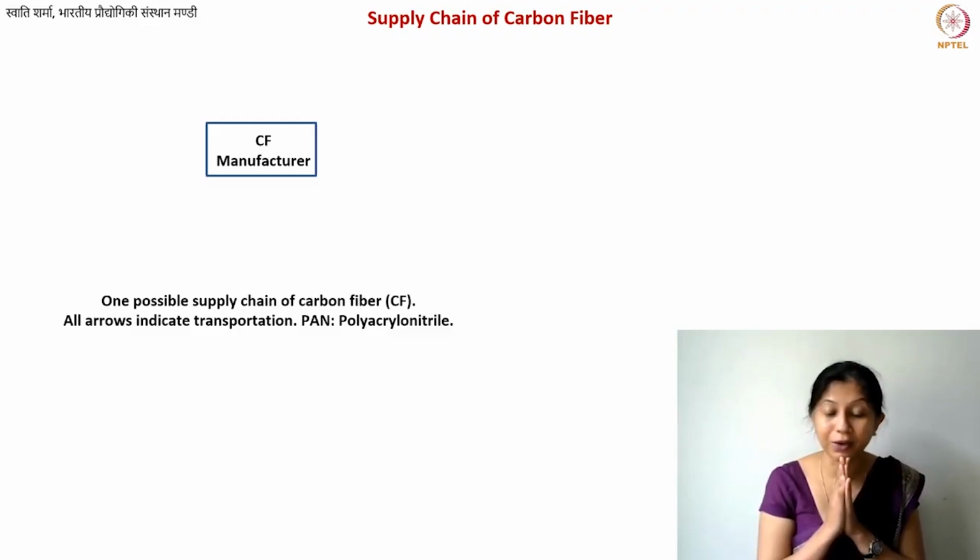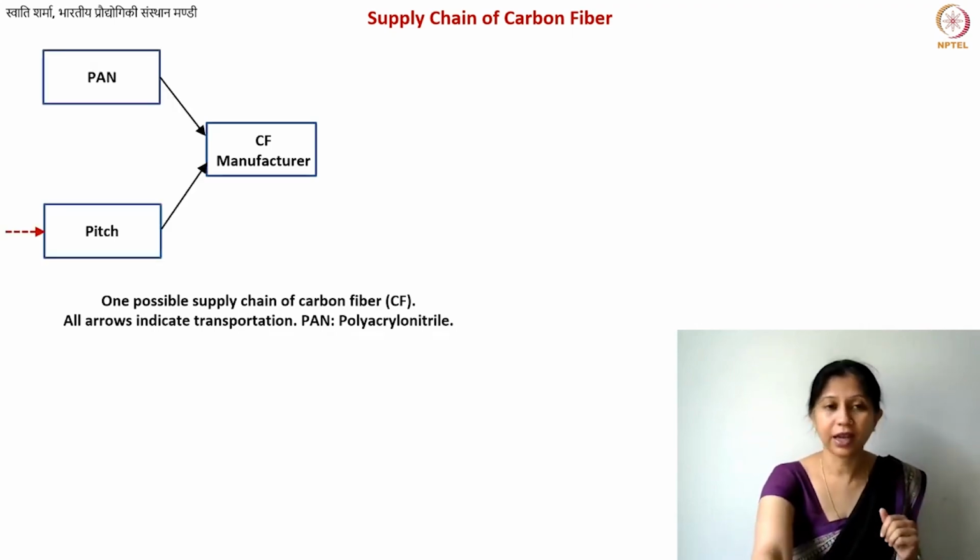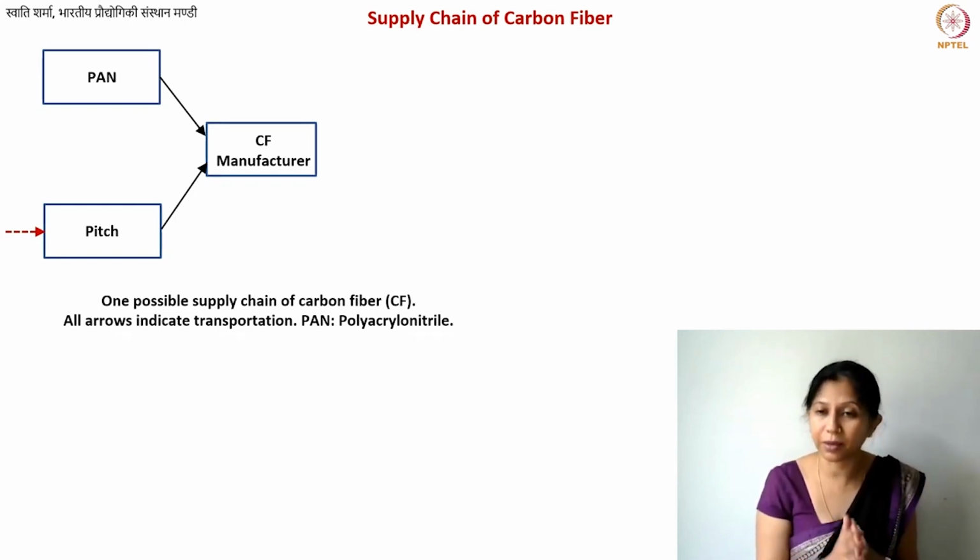But then what precursors do you use? You know that different precursors will give you different moduli of your carbon fiber. You decide that you'll use both. You'll use PAN, polyacrylonitrile, because that gives you nice and flexible fibers with good tensile strength. And you also decide that some of the customers want graphitic fibers, high modulus fibers. So we are also going to use mesophase pitch for that purpose.